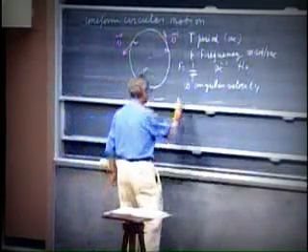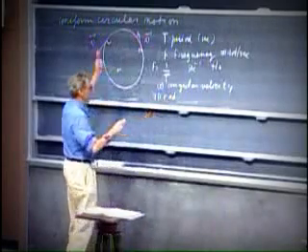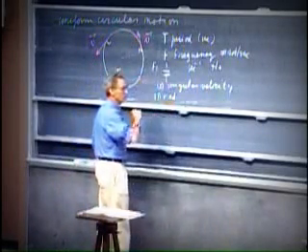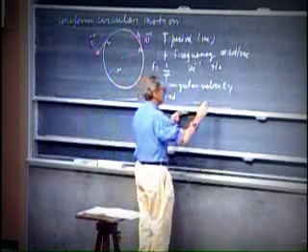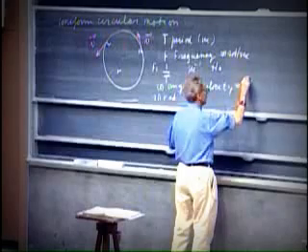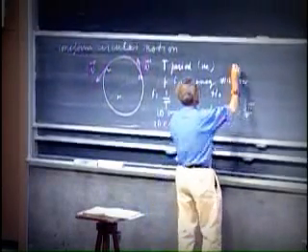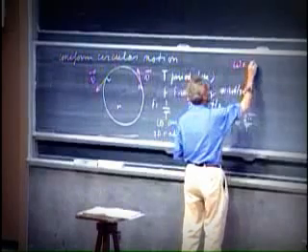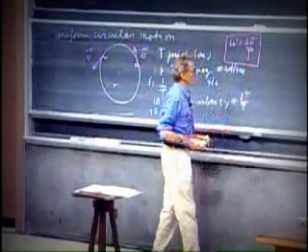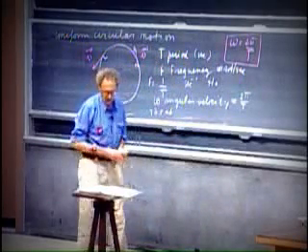So since there are 2 pi radians in one full circle, and it takes T seconds to go around once, it is immediately obvious that omega equals 2 pi divided by T. This is something that I would like you to remember. Omega equals 2 pi divided by T. 2 pi radians in capital T seconds.